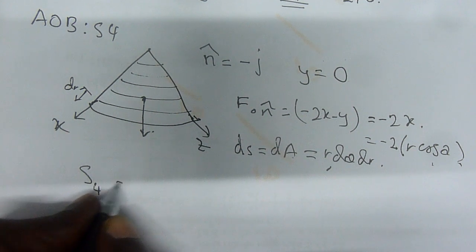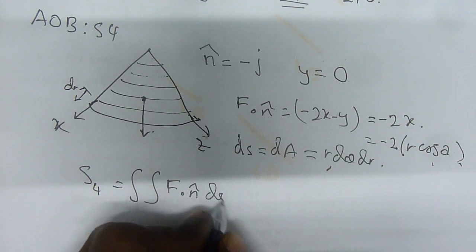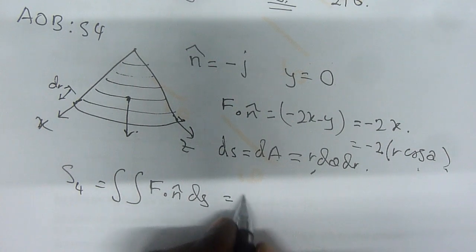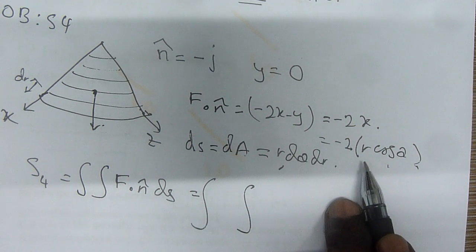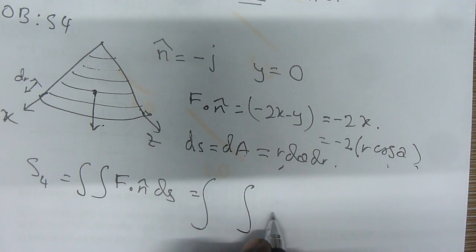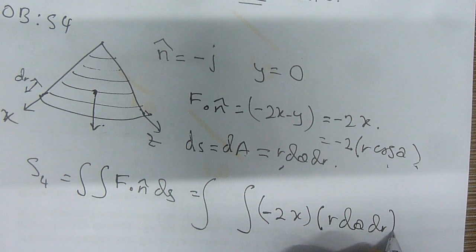F dot n dS is equivalent to, first I'm not going to touch this yet. Let me write this first. At least I want you to have a full grasp of what is going on, r d theta dr.